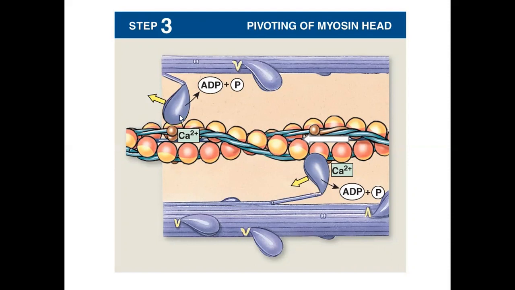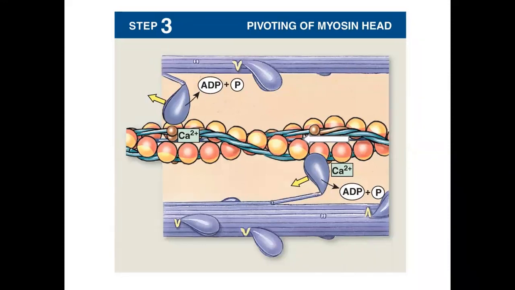That empty pocket has the ability to bind ATP. And remember, we always have ATP in the cytoplasm. So upon ATP binding the empty pocket, it loses the attraction to actin filament.